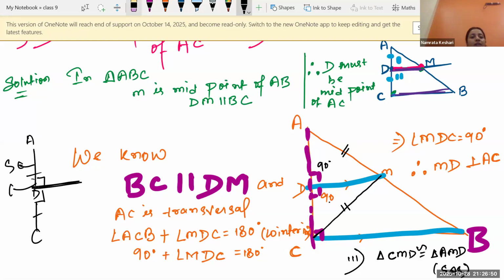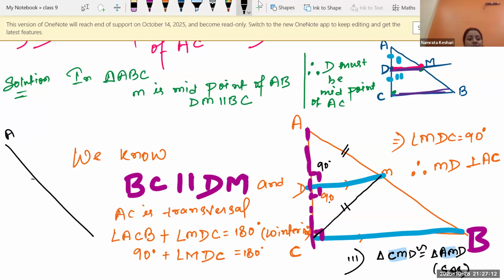You cannot write directly that these two are congruent. Please show these two are congruent. After proving these two are congruent, now you can say the third part, that the length CM and the length AM are the same. And since M is the midpoint of the complete side AB, AM is nothing but half of AB, right?